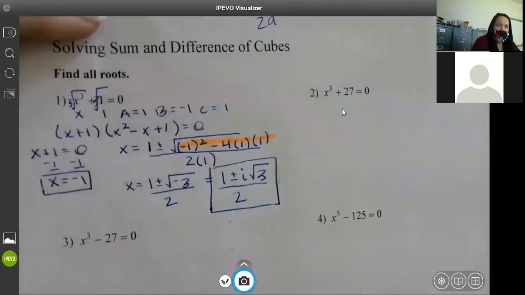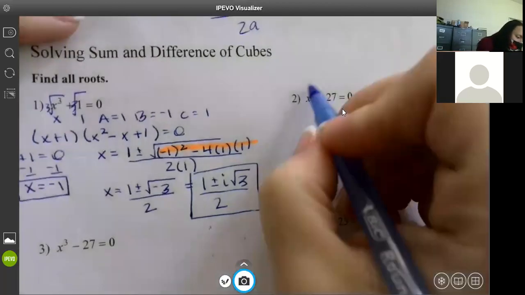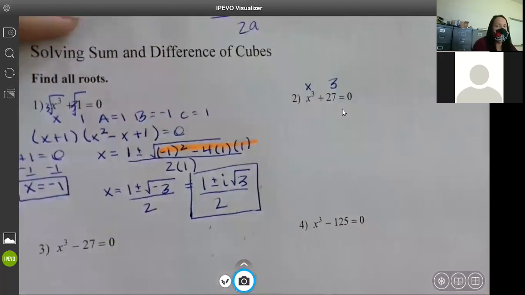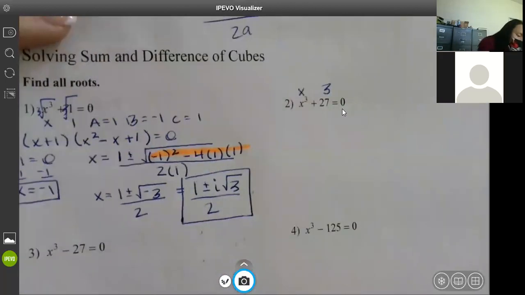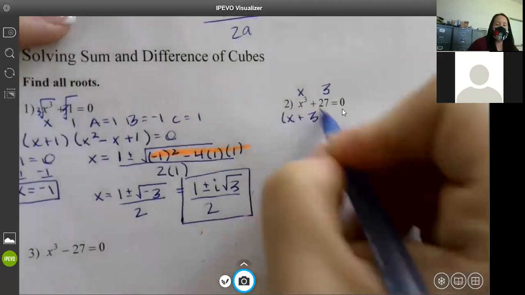So if we do your next one, it's the same way. We take the cube root. So we have x and 3. Yesterday we were factoring. We said use the sign of the problem in the first.